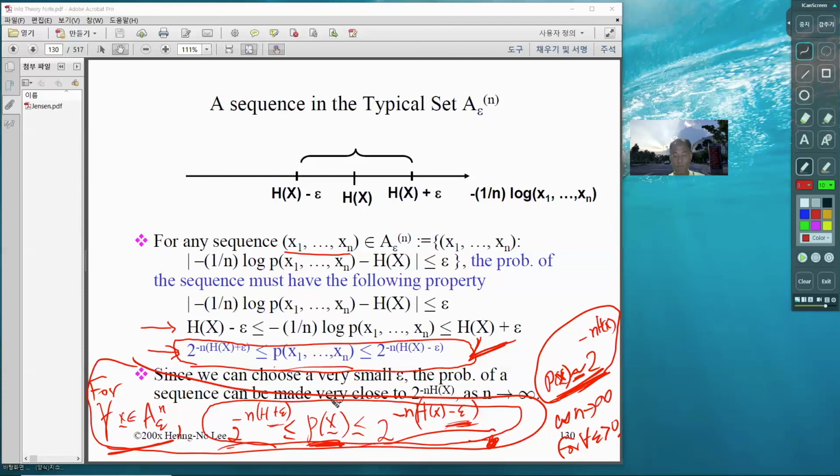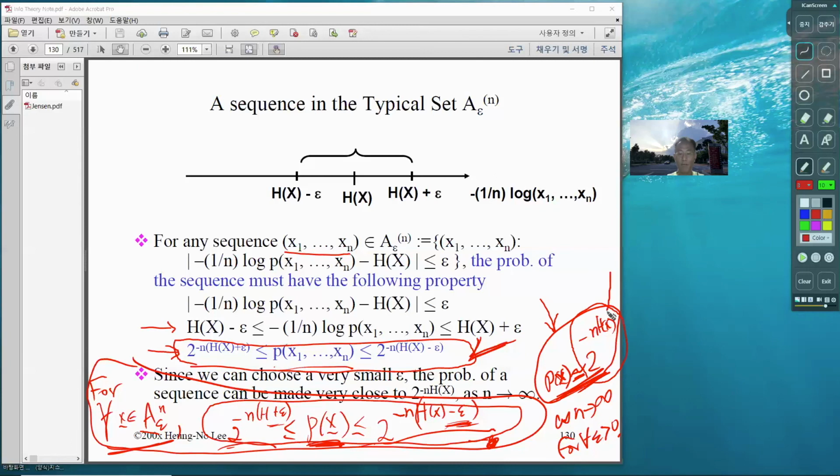That is what I mean by convergence in probability. Having said this, the probability of each sequence in the typical set is almost the same, which is close to this number right here.